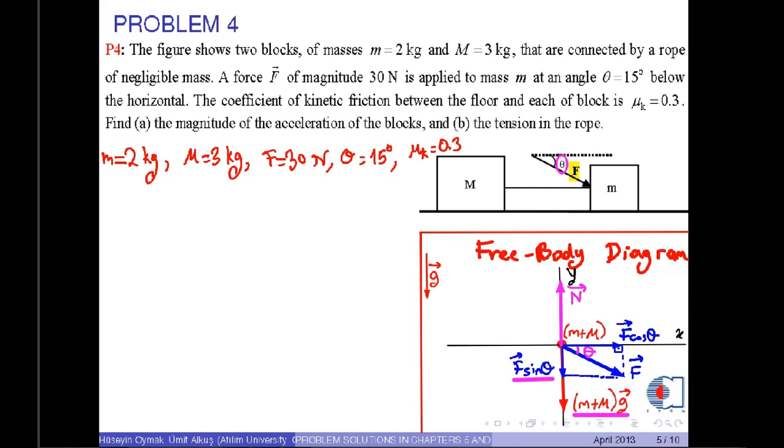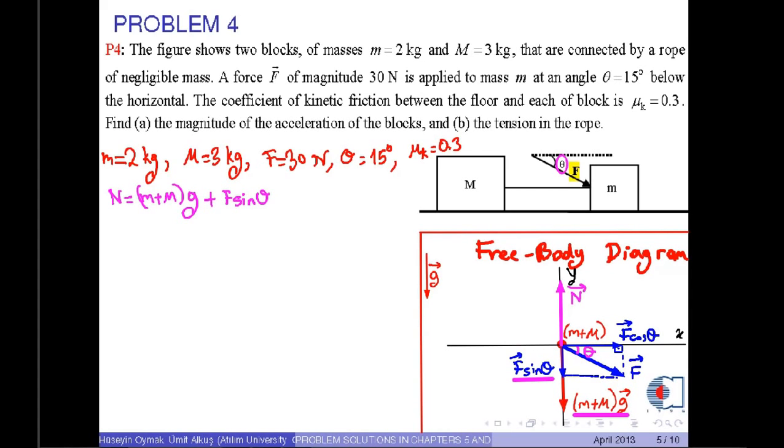Its magnitude is nothing but the magnitude of the net force in the opposite direction, that is, negative y direction. Then it is calculated to be N equals small m plus capital M times g plus F times sine theta.